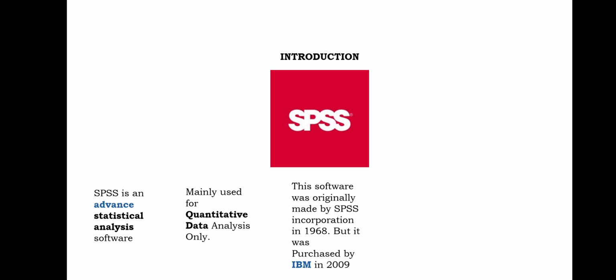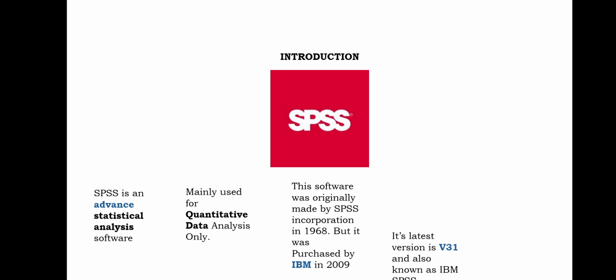SPSS is a software that was owned by SPSS Corporation and it was made by it in 1968. But in 2009 it was purchased by International Business Machines, that is IBM. And till today it is owned by it.